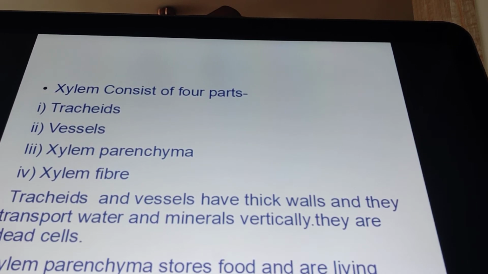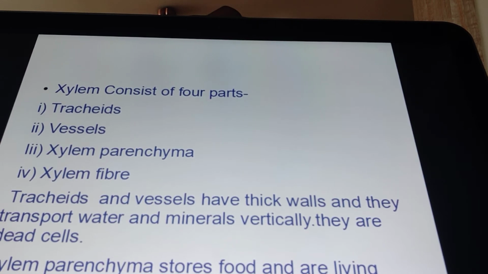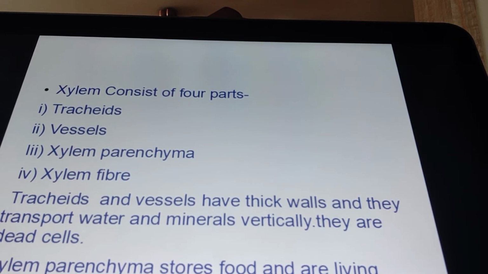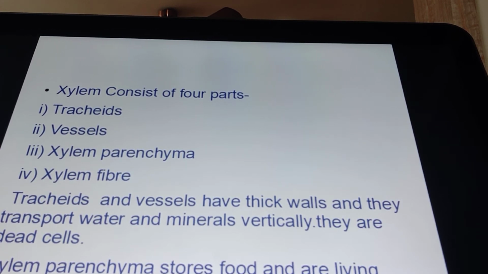Vessels. Vessels are also a tube-like structure. In vessels, there is also a thickened wall. Next, xylem parenchyma. Xylem parenchyma cells are thin-walled, whereas xylem fiber, which is also known as wood fiber, also consists of lignin.